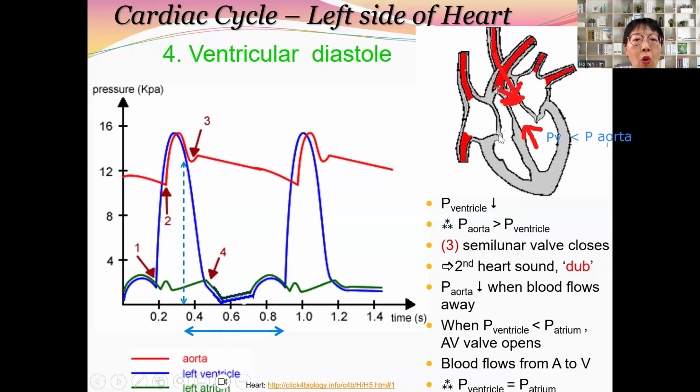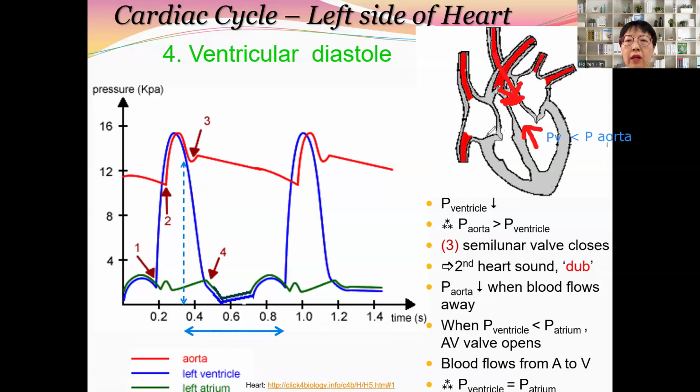So when will it open? When the pressure on the blue line goes below the pressure on the green line. So at this point is when the AV valve will open. During this time, can you see that the blood collects inside the atrium? The blood from the vena cava and pulmonary vein will start to collect in the atrium.